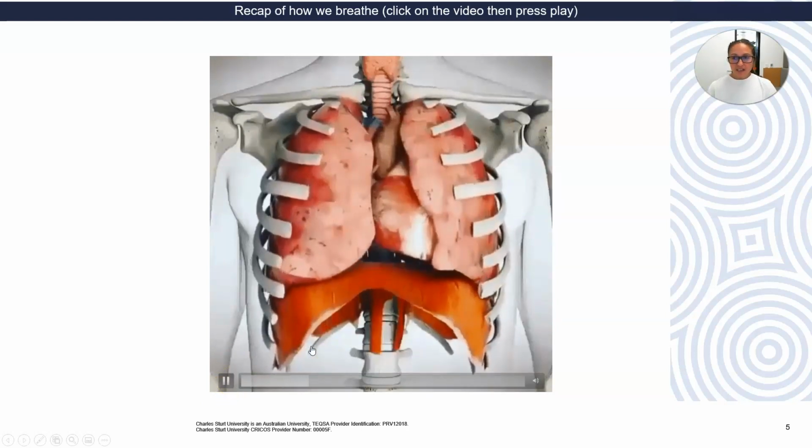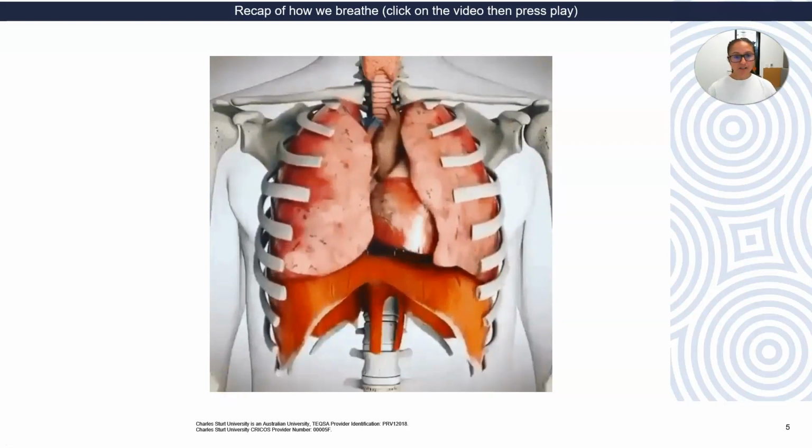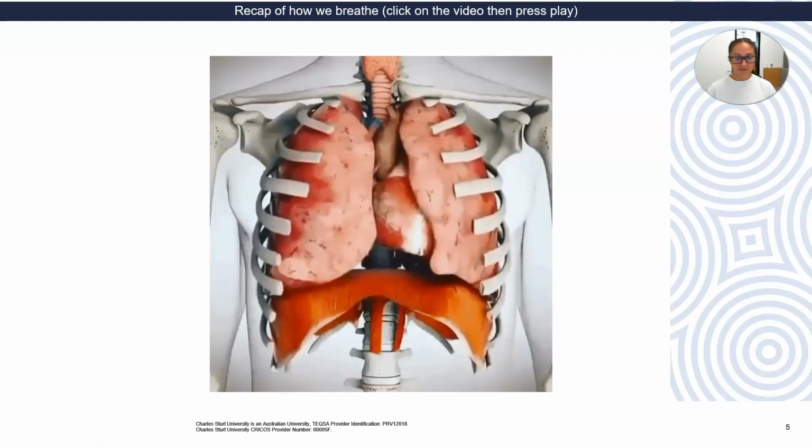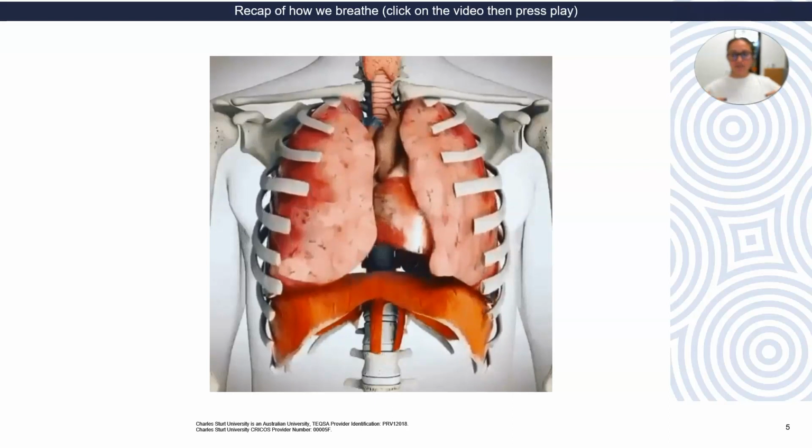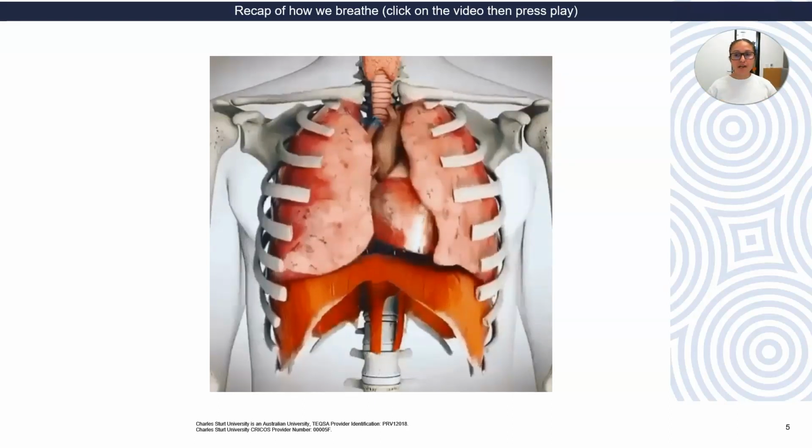So when we breathe in, when our diaphragm contracts, it opens up our rib cage. And when our rib cage opens up, we are increasing the volume.